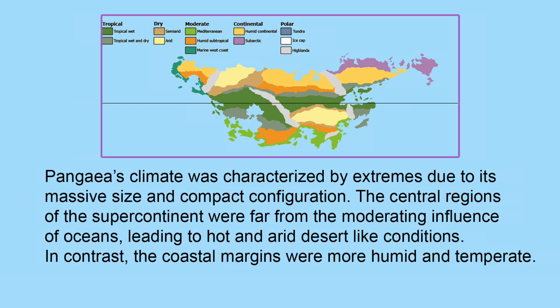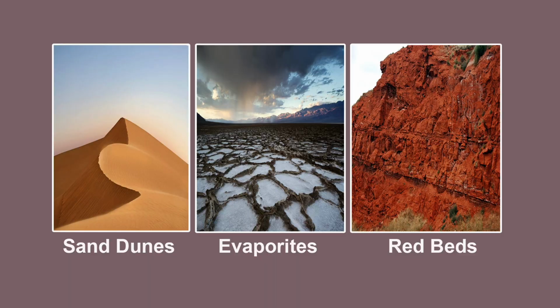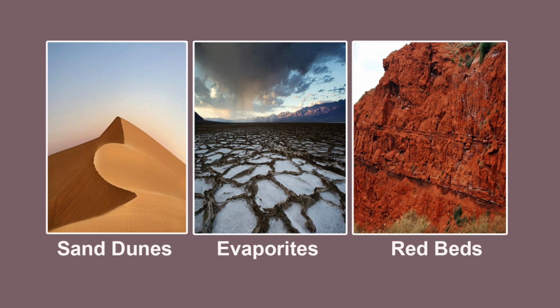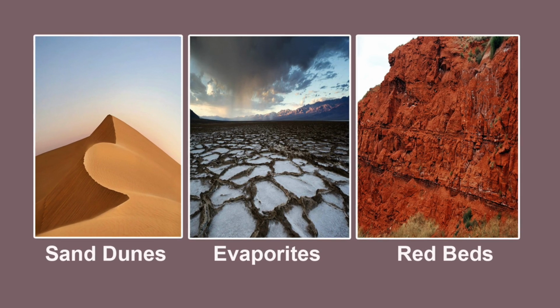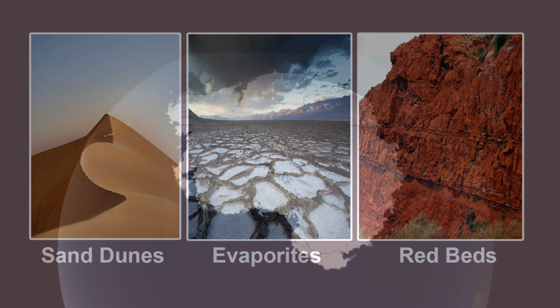In contrast, the coastal margins were more humid and temperate. Climate models suggest that Pangaea experienced strong monsoonal patterns with seasonal rainfall near the coast and prolonged dry periods inland. Geological records such as sand dunes, evaporites and red beds indicate widespread arid conditions.